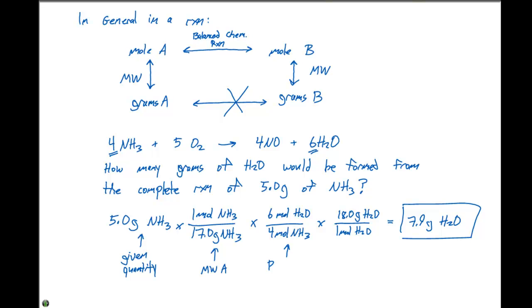Then, from the balanced chemical reaction, we can convert from moles of ammonia to moles of water. Finally, we use the molecular weight of B to convert moles of water to grams of water. This gives us how many grams of water are produced when 5.0 grams of ammonia reacts.